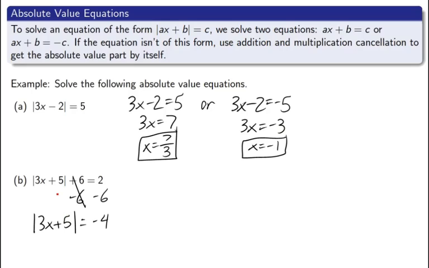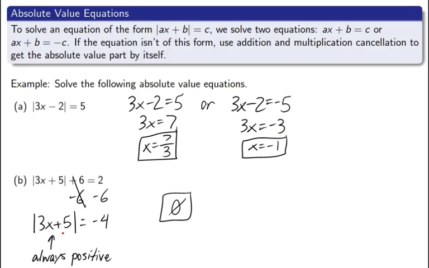So tell me, when you take the absolute value of a number, what does the answer come out as? Isn't it always positive? How could I possibly take an absolute value and get negative 4? So let me just mention, this is always positive. You can't possibly plug in any value of x and get negative 4. No solution. There is no way to plug in something that does that.